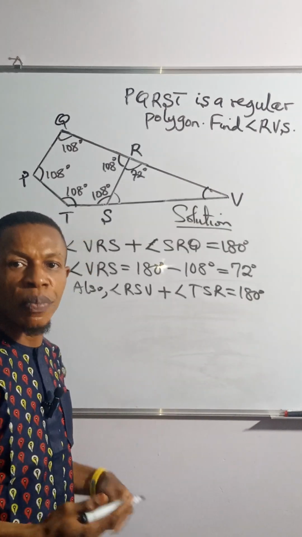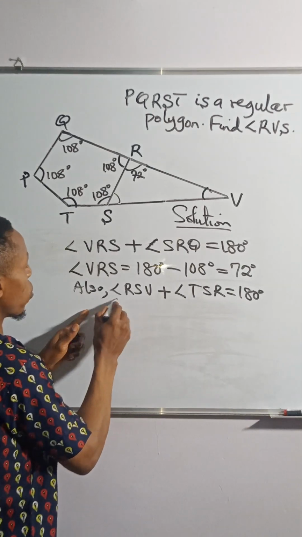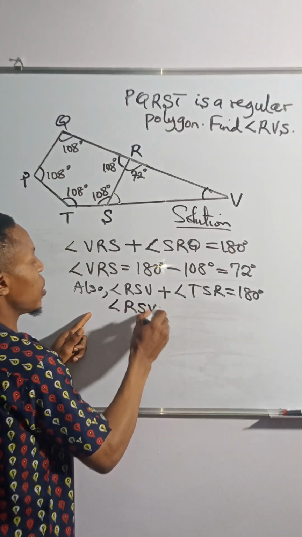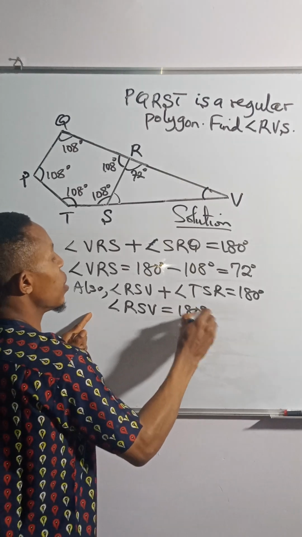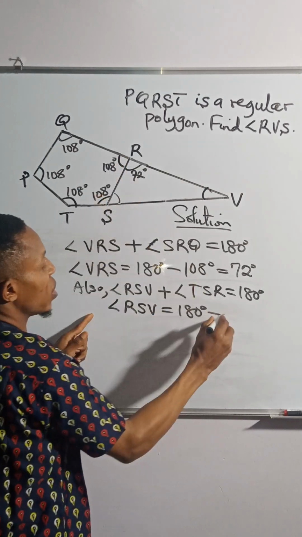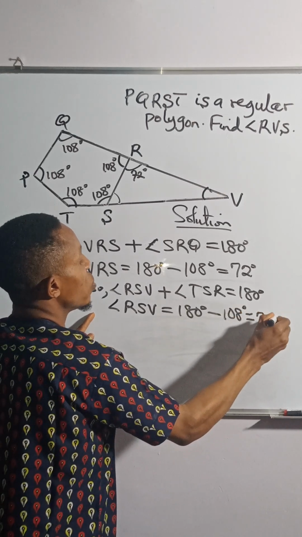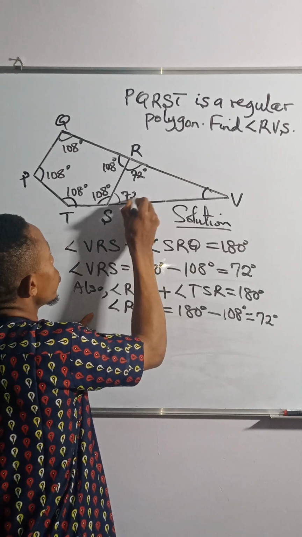Similar theorem, sum of angles on a straight line. Therefore, angle RXV will be equal to 180 degrees minus TXR, which is given as 108. If we subtract it, we still get 72 degrees. So here also is 72 degrees.